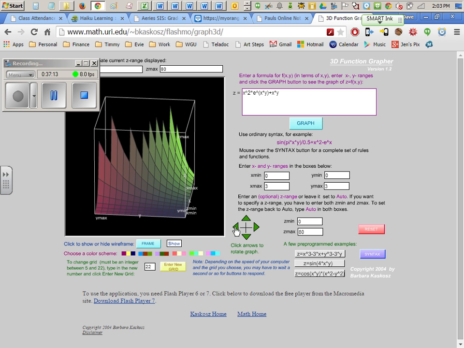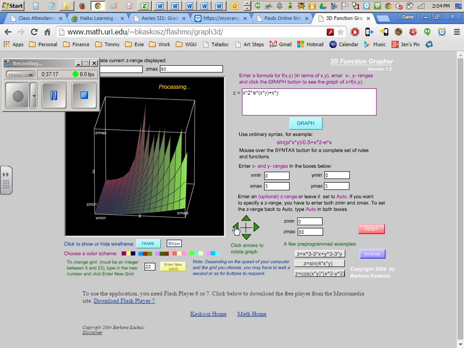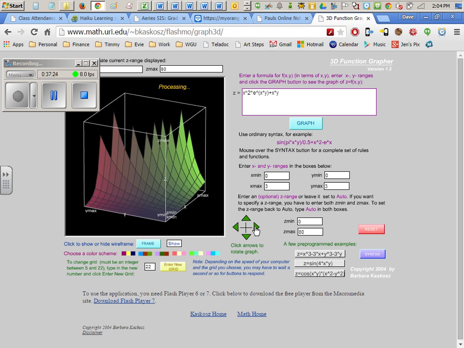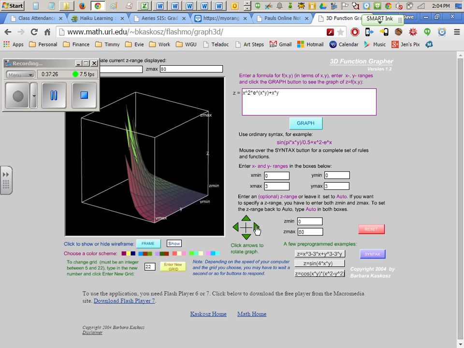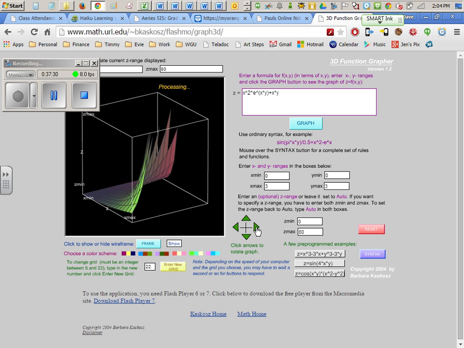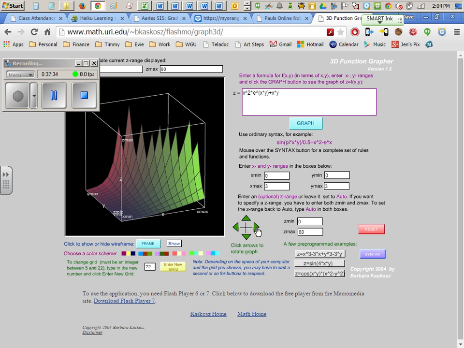It's kind of like a wave. It has some flatter regions. As I turn it around, you can see what it looks like. Kind of like a big ramp.